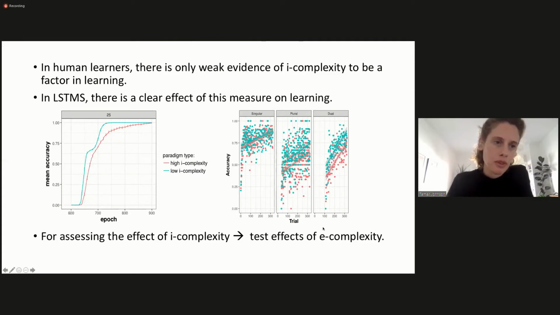So just to summarize up to here, in human learners, there is only weak evidence of I complexity being a factor in learning, but in LSTMs, there's a clear effect of this measure on learning.